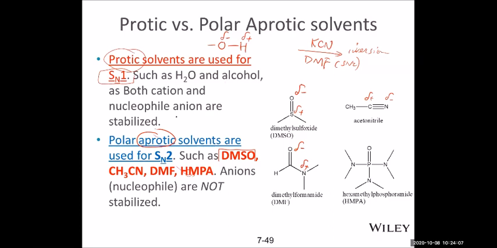The product will be racemic, you get both R and S. If your reactant starts as one of the R or S enantiomers, at the end of the reaction you get a racemic mixture, because the carbocation intermediate allows the nucleophile to attack from both sides. So that's how the solvent affects the SN1 or SN2 mechanism.